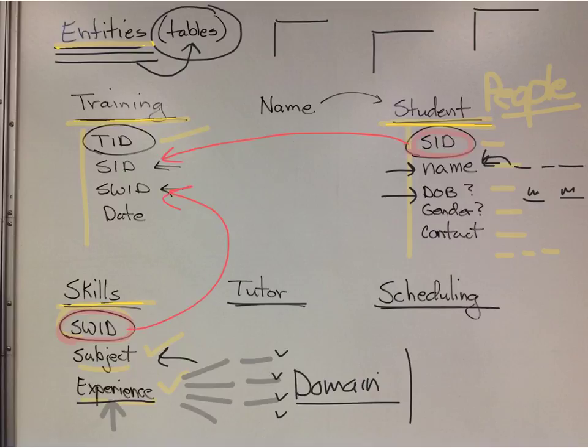Foreign key, because it's a primary key from another table in this table. So the training, where you can get training, we could list. You could list, see if I can clarify this, you could list somebody's name and what skill they have.